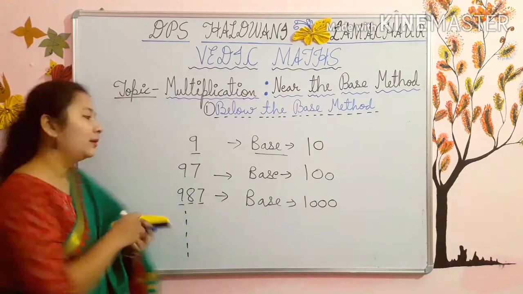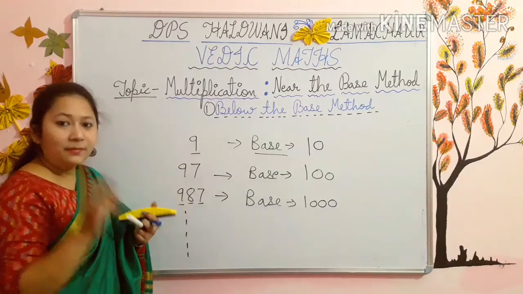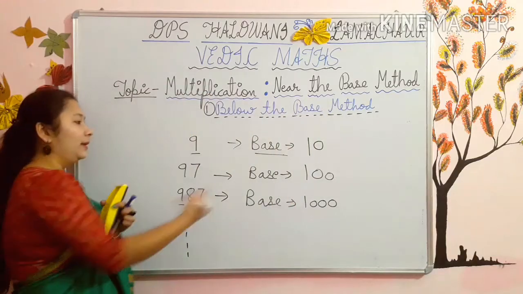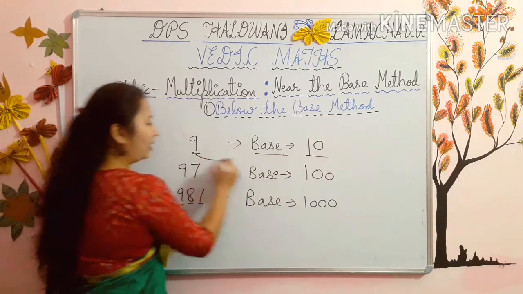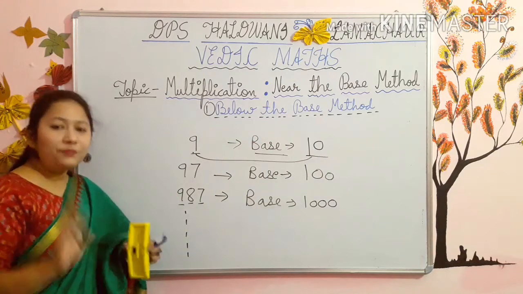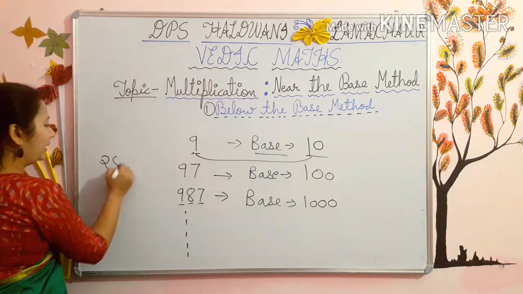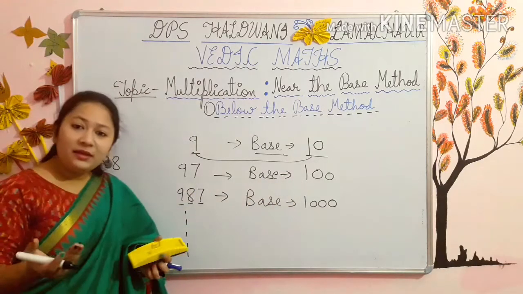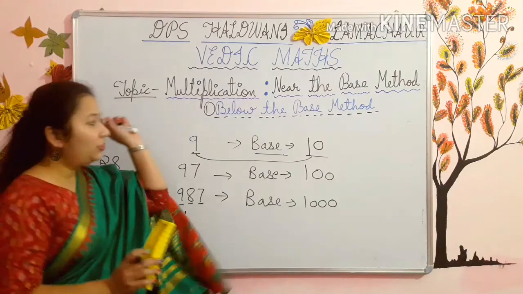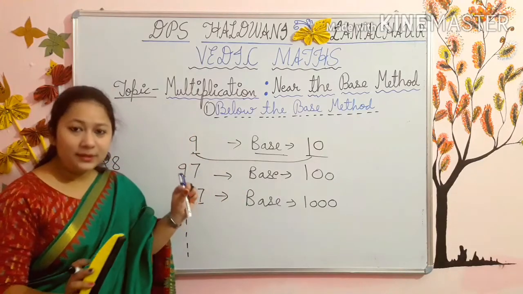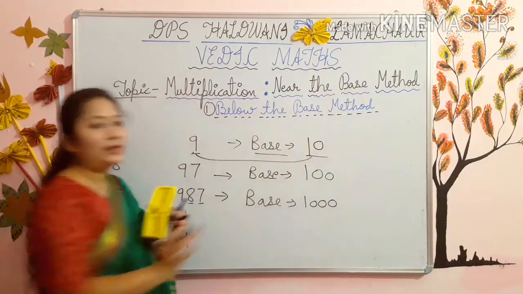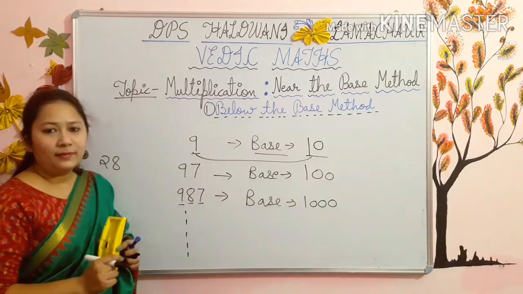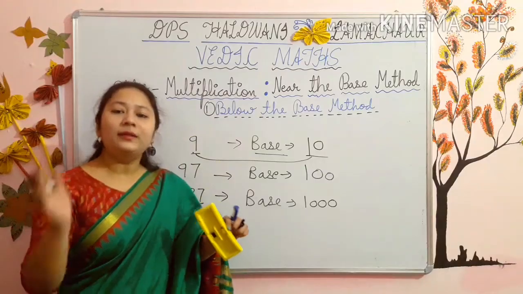So students, this base method is only applicable for the numbers which are below the base, like 10 and 9 are closer to each other. If your number is 28, then you will not take this base. There is a different method for these numbers. Means your today's topic is based on the numbers which are near the base. Near the base means, as you can see, that 99 is closer to 100. 99 is very close to 100.